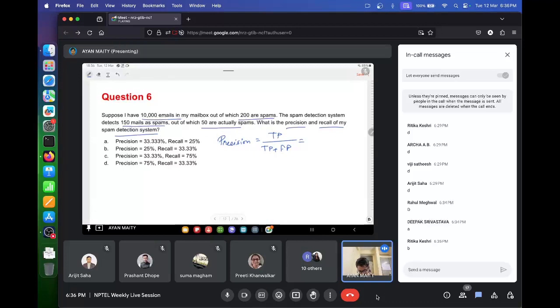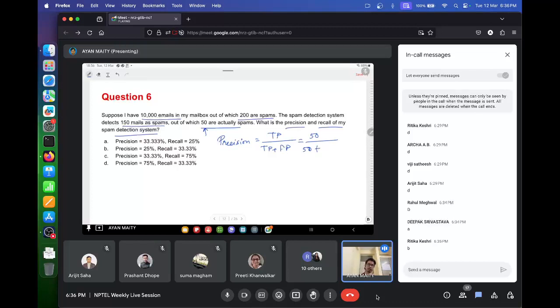So that is 50. 150 mails have been detected as spams, out of which 50 are actually spams. So these 50 are correctly classified as positives. So TP is 50, and then we have to find out false positives.